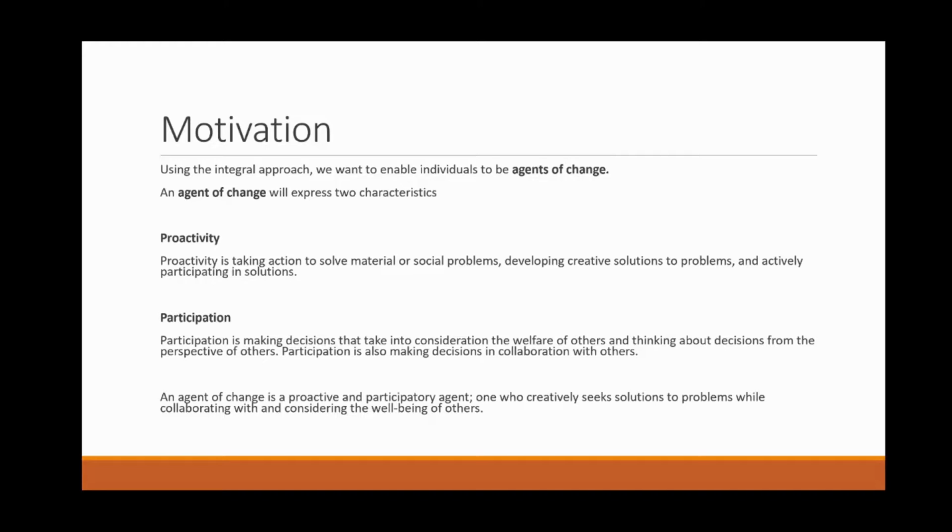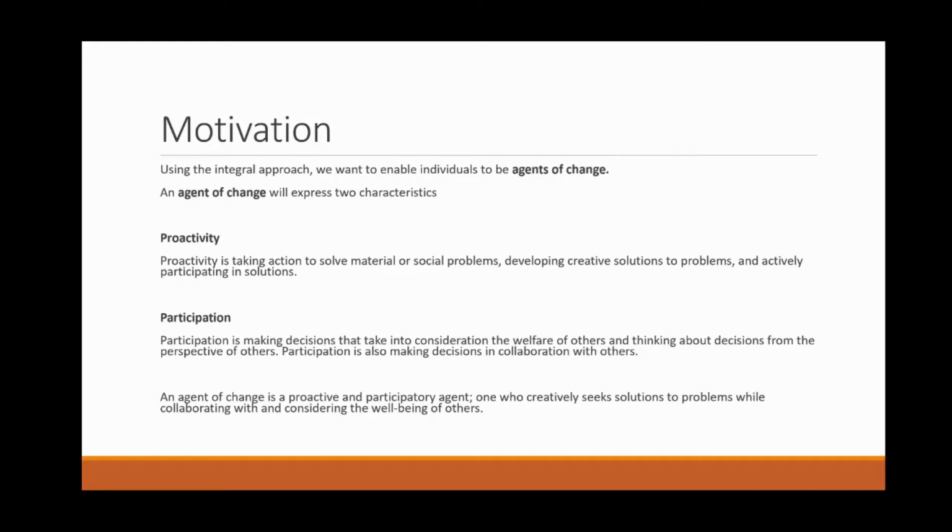Participation is the other characteristic, or the other component. Participation is making decisions that take into consideration the welfare or the well-being of others, thinking about decisions from the perspective of others, and making decisions in collaboration with others.